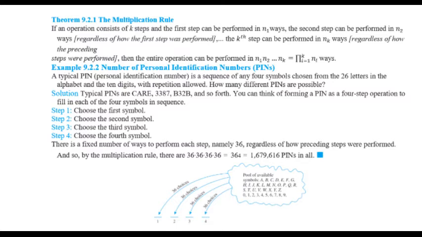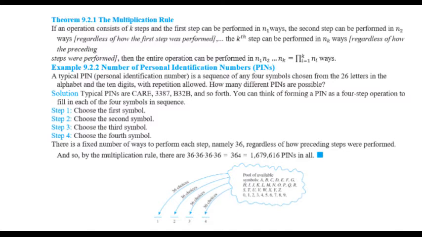Then we use the multiplication rule to conclude that there are 36 times 36 times 36 times 36, which is 36 to the power 4, which is 1,679,616 different PINs in total.